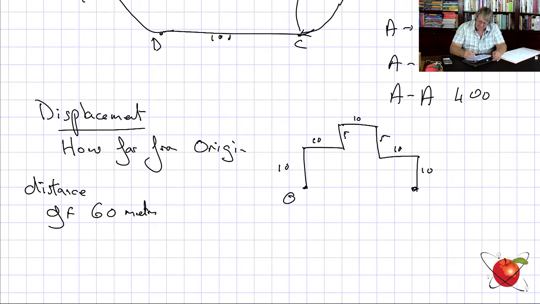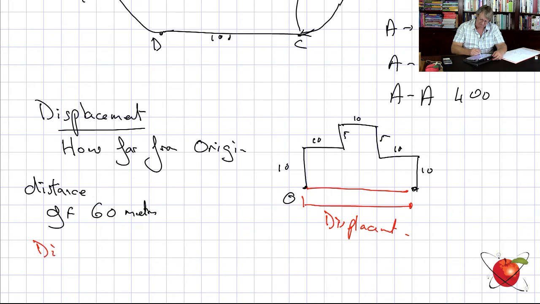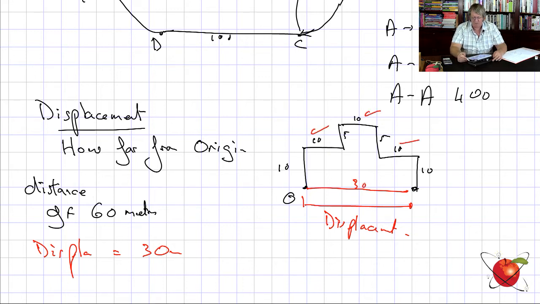My displacement, and this is the difference, is that. The displacement is how far from the origin. There's my displacement. And my displacement is 10, 20, 30 meters, because that's how far I'm away from the origin.